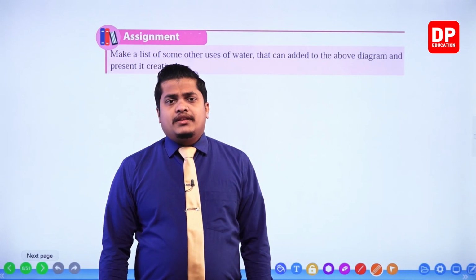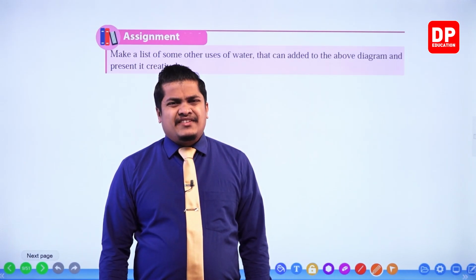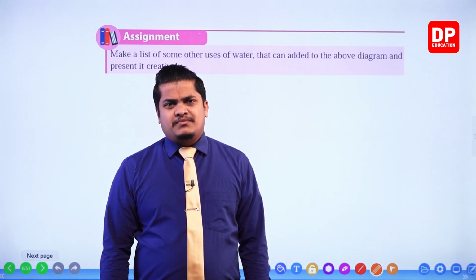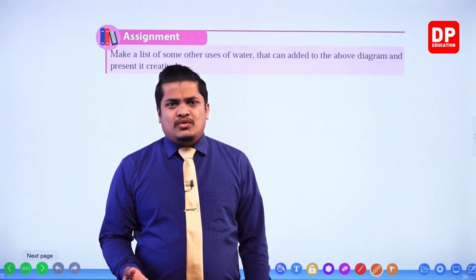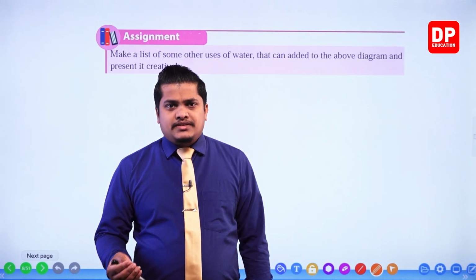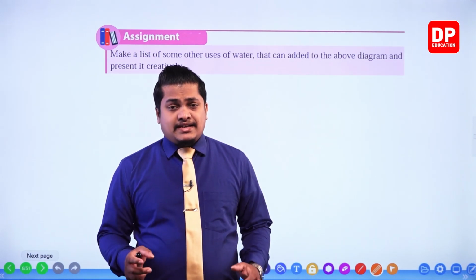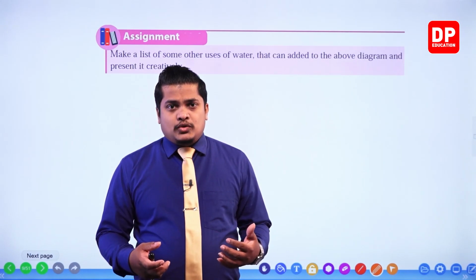Then one other use is in making different substances, like chemicals and other kinds of substances. Now you know that in order to make a cement mixture also, we use water. So sometimes water acts as a good solvent, sometimes it acts as a good binder.